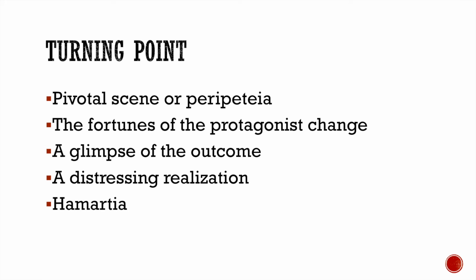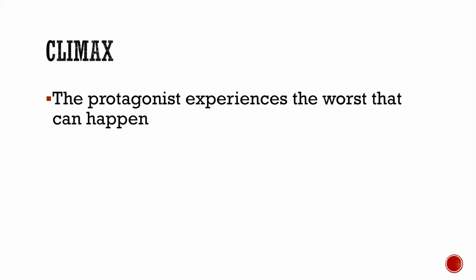From the turning point, we quite frequently move straight to the climax, and that is where the protagonist experiences the worst that can happen. For some, not all, it's death. For some characters, it's suffering more profound than death. The loss of Daisy is far more traumatic for Gatsby than the moment where Wilson shoots him.